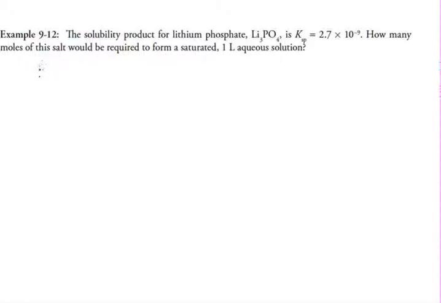So here we go. Again, we know that essentially what happened here is we had some solid lithium phosphate that got dumped into some water, and now it's in equilibrium. So essentially what this means is that the lithium and the phosphate have broken apart from each other.